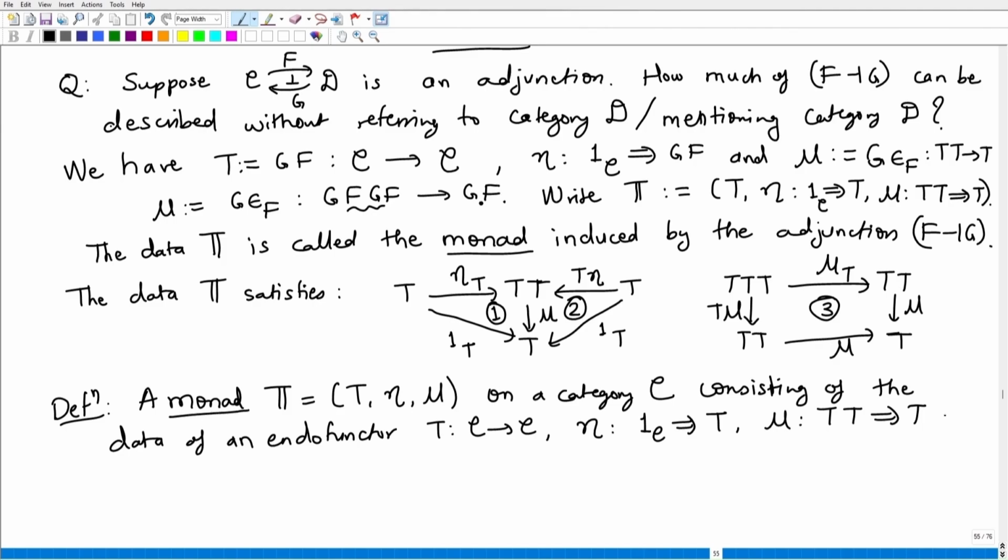Yeah, a monad T on a category consists of the data of this satisfying 1, 2, and 3.